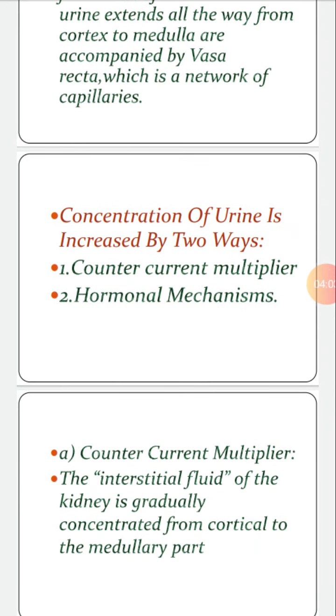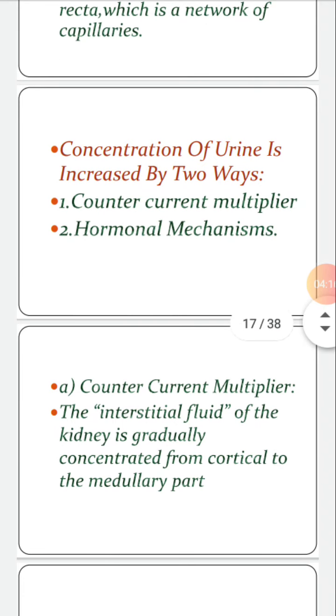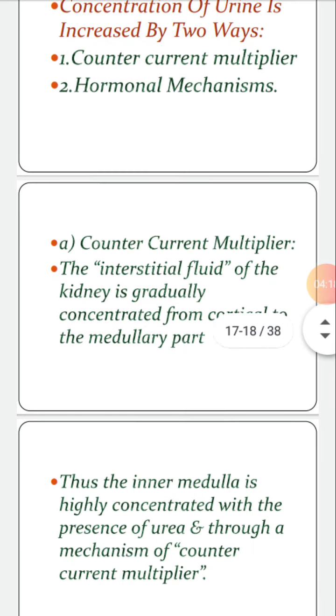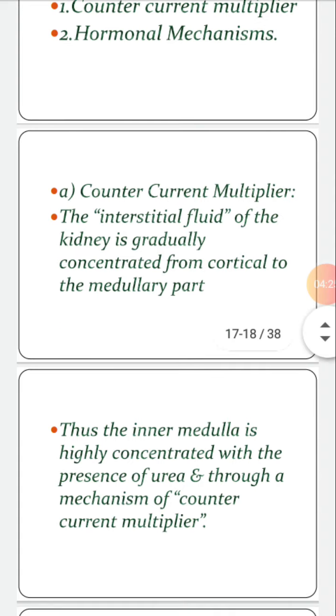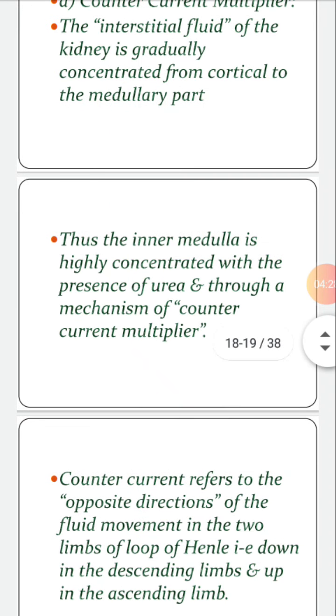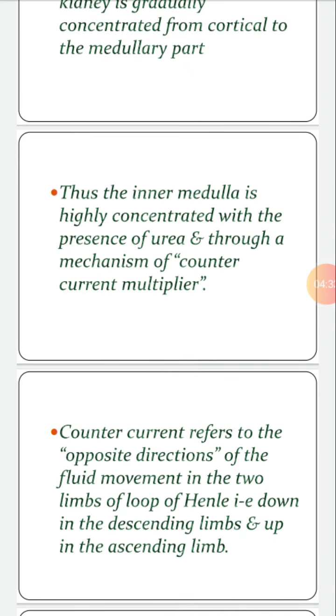Counter current multiplier. The interstitial fluid of the kidney, that is fluid which bathes all the tissues, is gradually concentrated from the cortical outer part to the inner medullary part. Thus the inner medulla is highly concentrated with the presence of urea, through a mechanism of counter current multiplier. The term counter current refers to opposite directions of fluid movement in the two limbs of the loop of Henle.